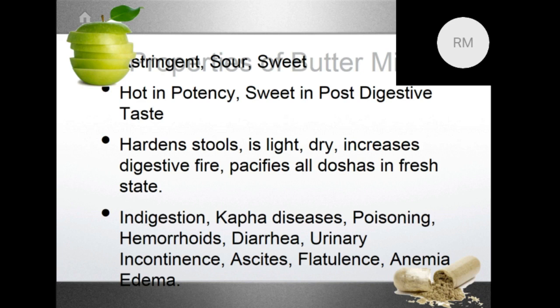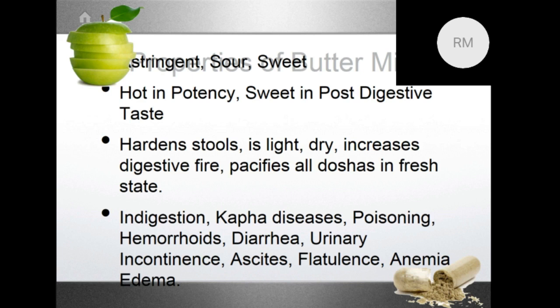So it hardens the stools, it is light, dry, increases digestive fire. It's very good in indigestion. It's very good in flatulence. It's a very good remedy for food poisoning. Mild cases of food poisoning can be easily treated with buttermilk and turmeric. So this is also used as a compensatory food.